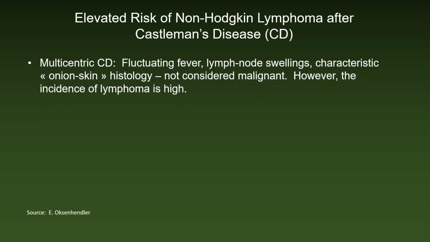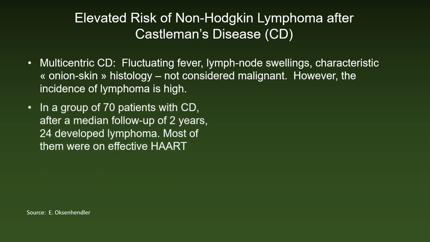Multicentric Castleman's disease with fluctuating fever, lymph node swellings, and characteristic onion skin histology is not considered malignant. However, in the HIV population, the incidence of lymphoma is high. In a group of 70 patients with CD, after a median follow-up of 2 years, 24 developed lymphoma.